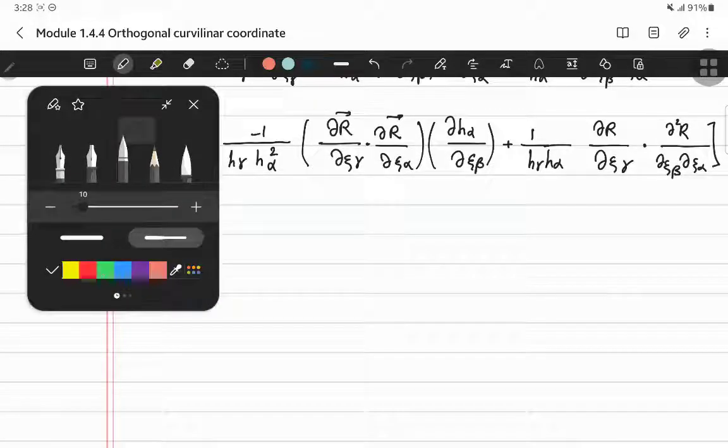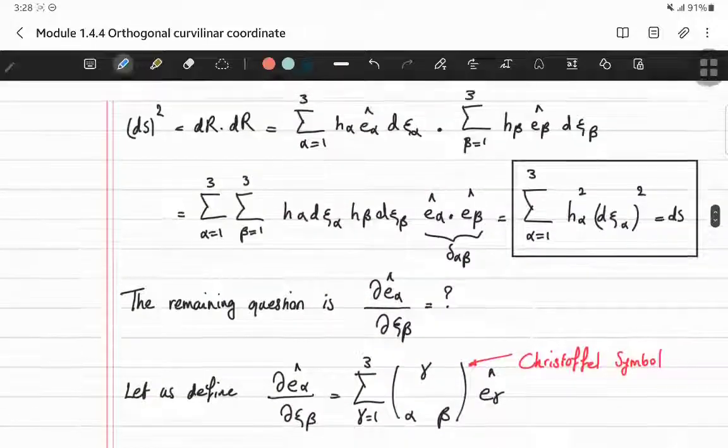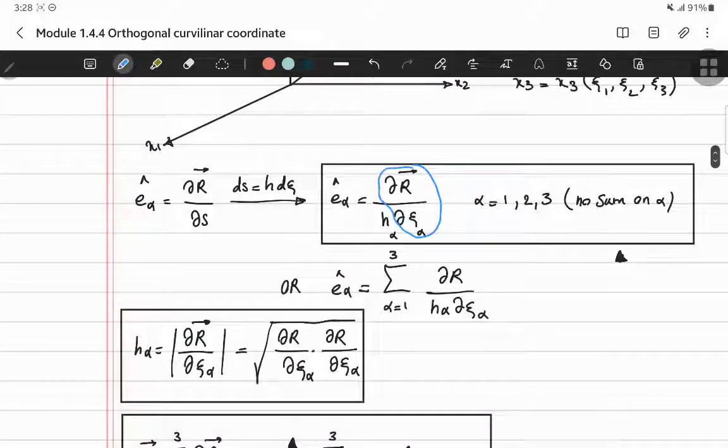Let me write it in another color. You know that this R with respect to Z gamma from here is this portion, so it is equal to E alpha, H alpha.